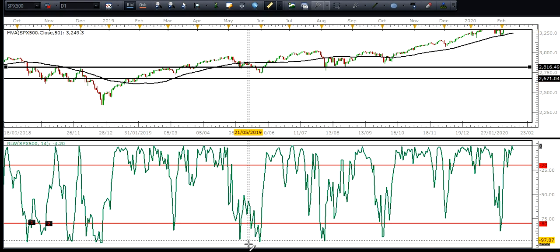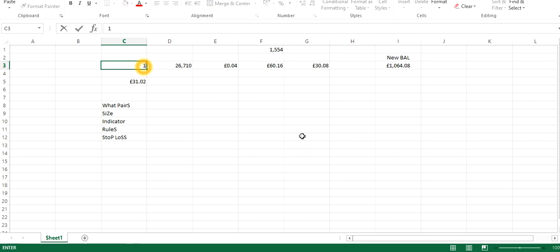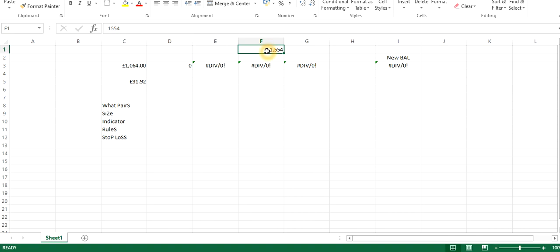So we go there. 1,554. £60 divided by 2. This is your new account size: 1064. And that goes in there. So let's reset that to 0.